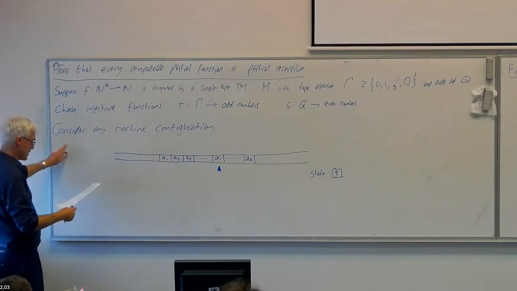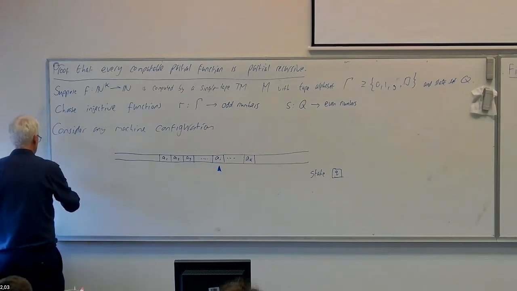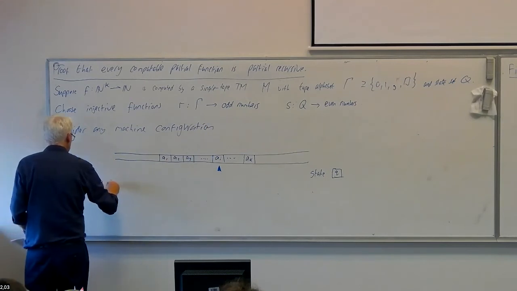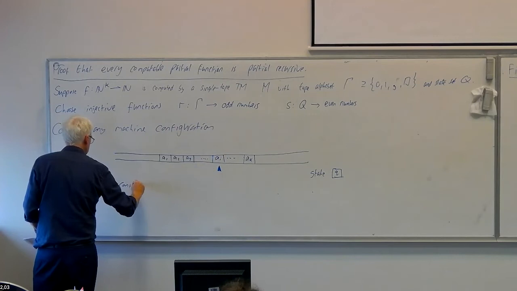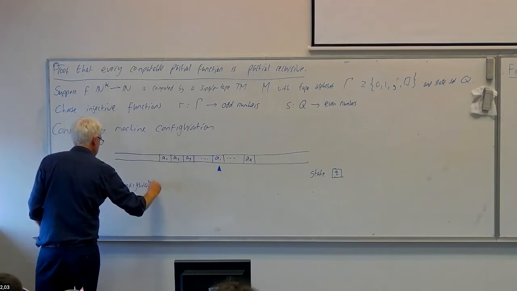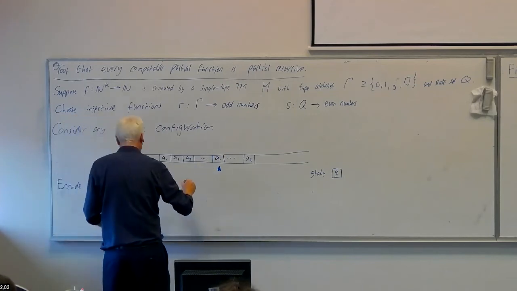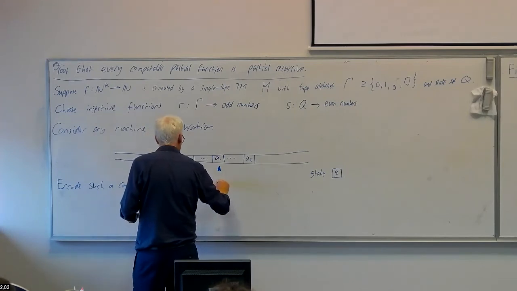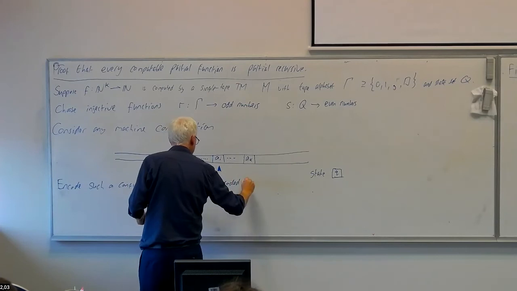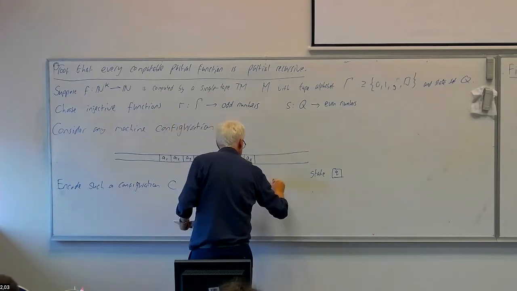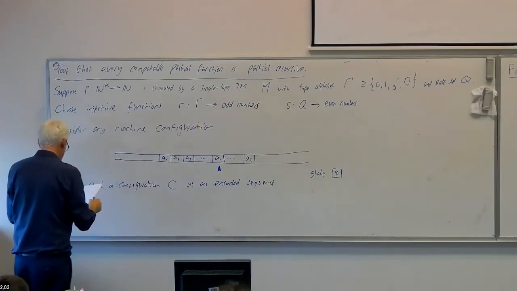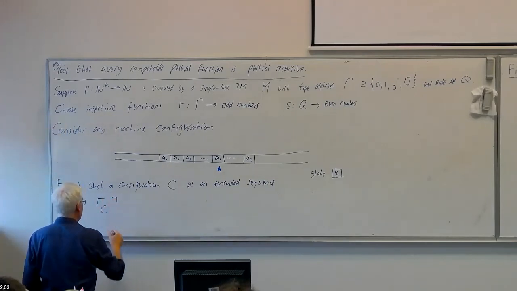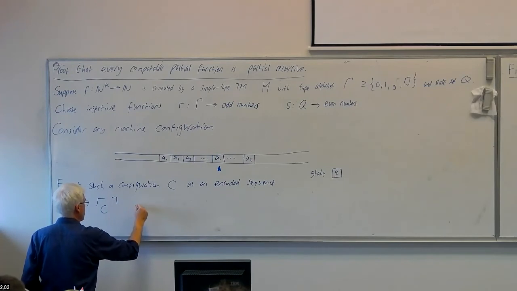And we encode this configuration C as an encoded sequence. And the way I do it is like this. So I'm defining essentially the encoding of C here.